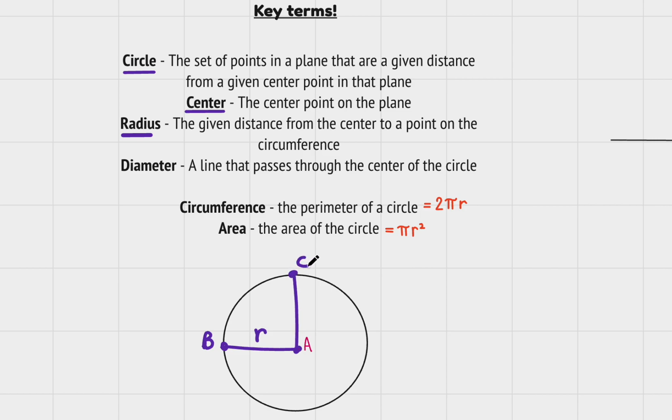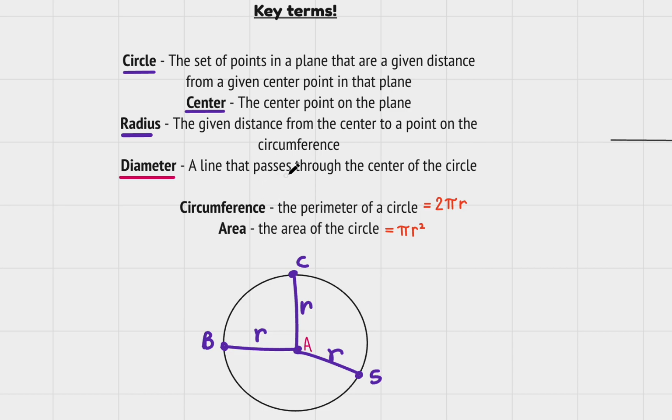So if you had point C, this would also still be R. If you had point S over here, this would still be R.